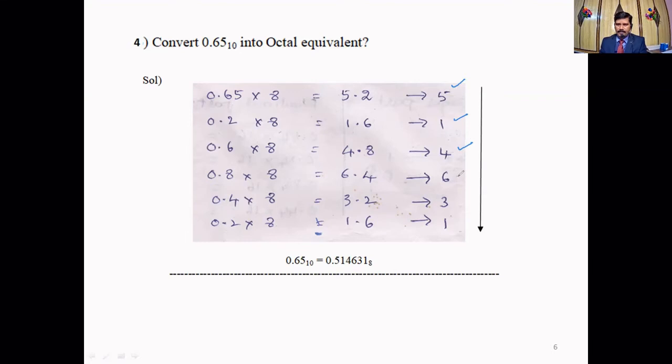Like that we go on. Here 1.6 is repeated, so we can stop. In this direction after the decimal point: 0.514631. This is the answer.